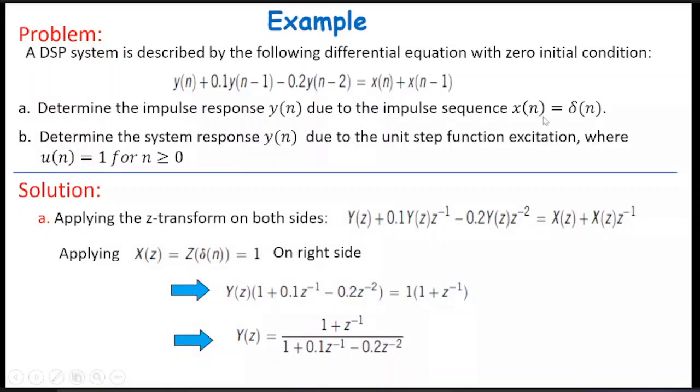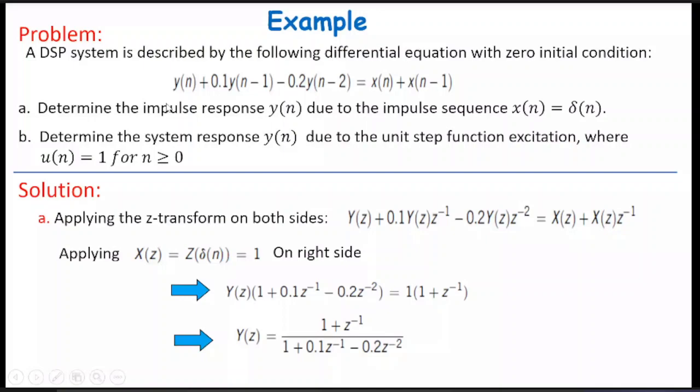First we apply the Z transform over this equation. So it is Y(z), then for yn minus 1 it is 0.1 into Y(z) z inverse. Look at the property that we have used, that is the delay property.